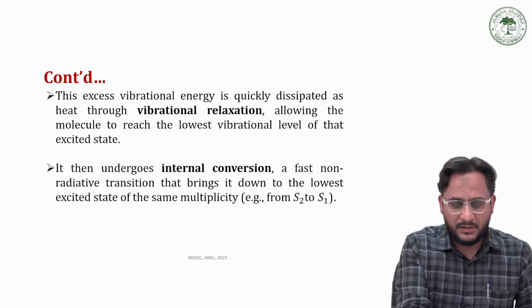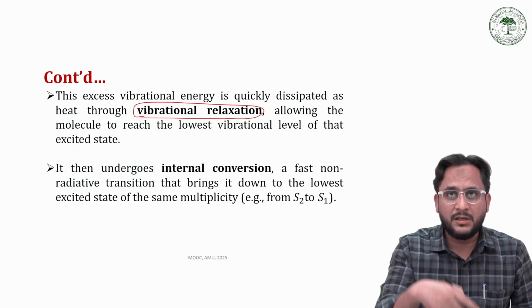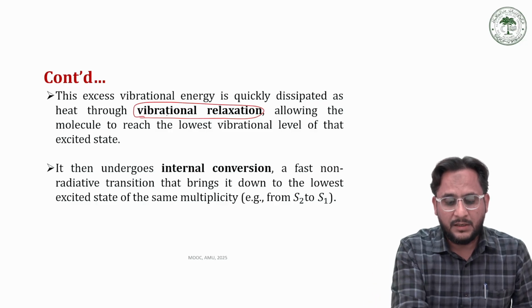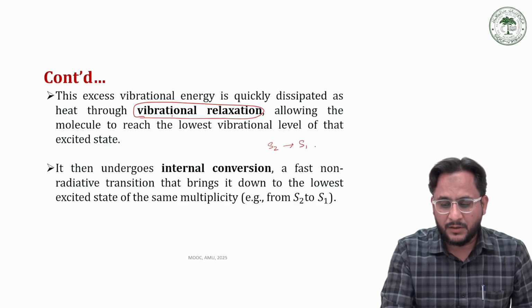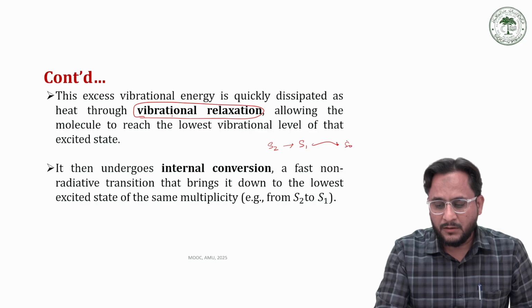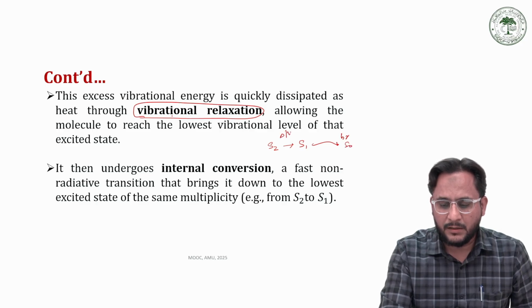Clear? So it says that the excess vibrational energy, because the electron reaches the higher vibrational level of the excited state, is lost via vibrational relaxation. And if the electron is in the S2 state, it first comes to S1, and only then does it come to S0 by emitting light radiation. Here it is only either heat or kinetic energy.